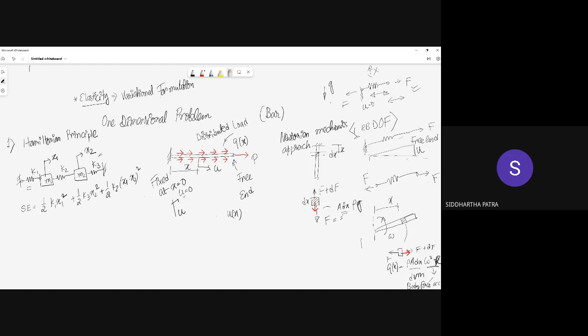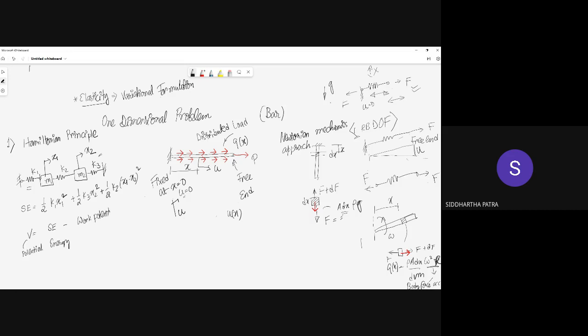And we define something called a potential energy, which would be the strain energy minus something called the work potential.